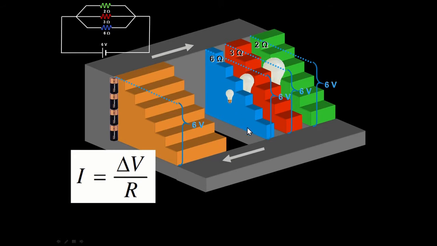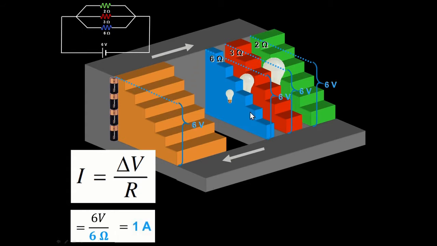Okay, so like with this Ohm's law, if I know 2 of the variables, I can find the third. So we've got 6 volts, or this is going to get 6 volts and 6 ohms. This one's going to have 1 amp of current running through it.